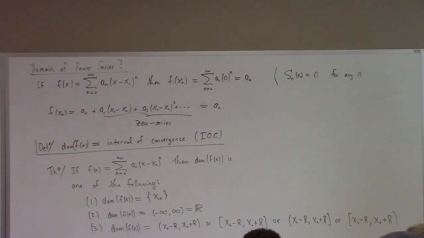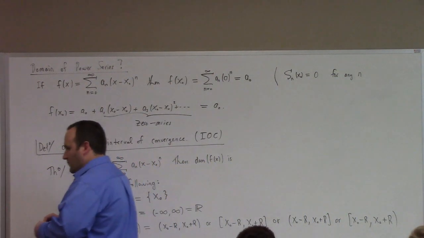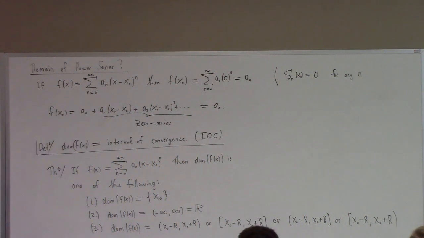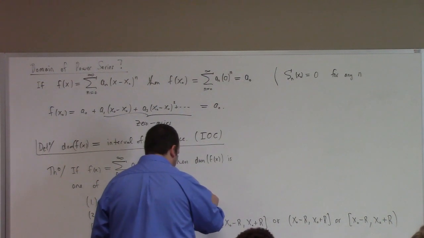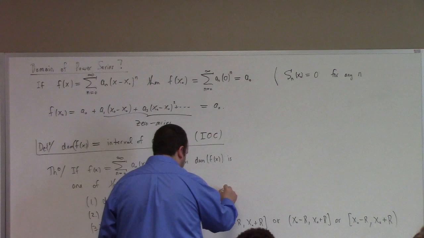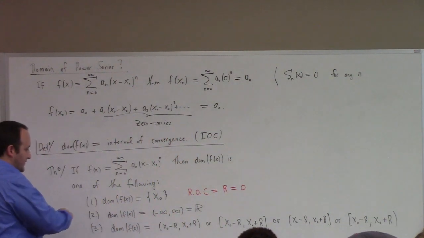So what's the radius of convergence for case 1? 1? Nope, not 1. Nope. In case 1, the radius of convergence, which we'll call r, is just 0, right? What's the radius of convergence in case 2?